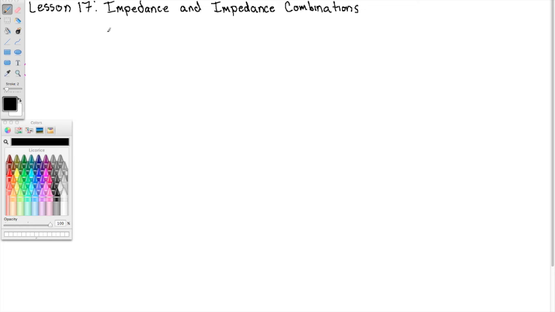So I'm not going to prove it because the proof is very similar to that for resistors.